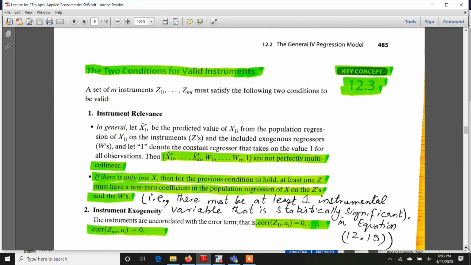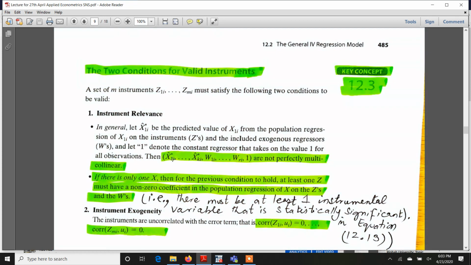So whenever we run a model, we have to comment on the goodness or the efficiency of that model. The process of instrumental variable regression banks on the efficiency of valid instruments. So how do we say that the instruments are valid?